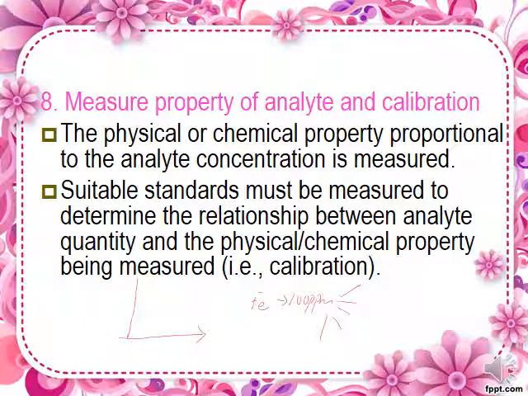Okay, 5 standard. So let's say we have 20 ppm, 40, 60, 80, and 100 ppm. So these are the concentration of the standard iron solution. Okay, so what are the solution used to prepare this? Let's say you use distilled water. So distilled water will be the blank.